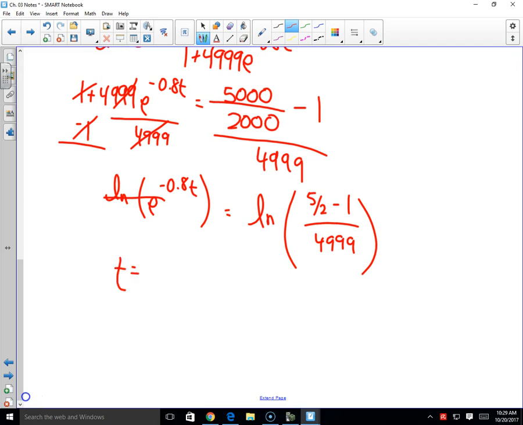We can say t is equal to 1 over negative 0.8 ln of. If you want to be super snazzy, you can just leave it like that. Although I don't want to type in more than I have to, so 5 halves minus 1 would be 3 halves. Plug that in, don't have to worry about a window, you got it.